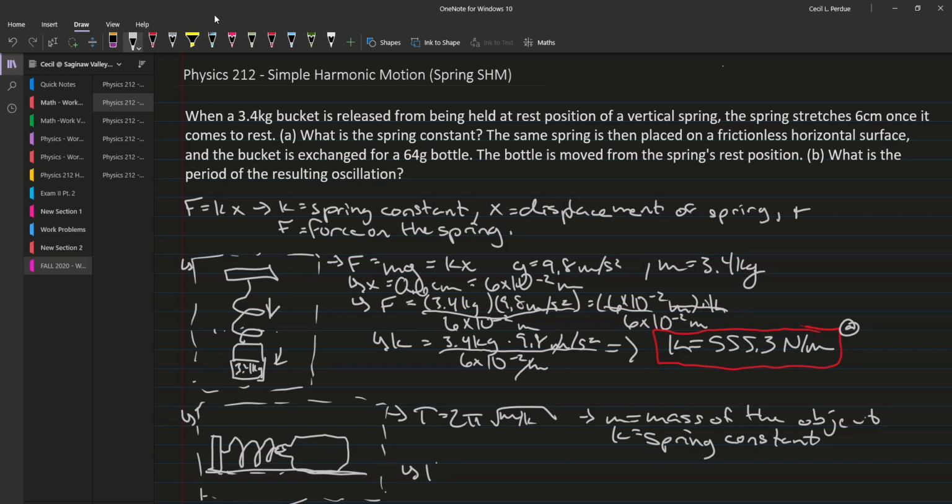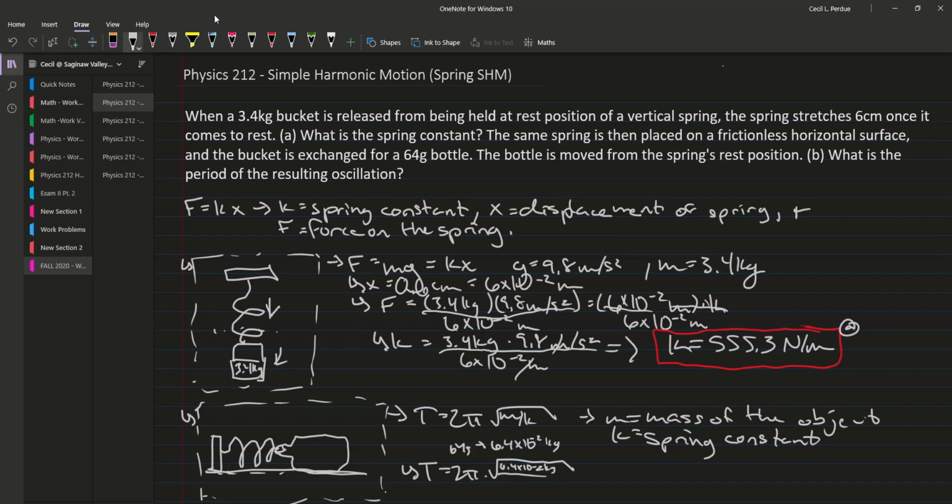Then if we plug those in, T is equal to 2 pi times the square root. In this case, we now have the 64-gram bottle. 64 grams is the same as 6.4 times 10 to the negative 2 kilograms. So I'll write that in its place.